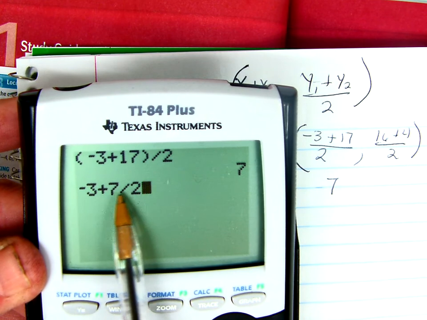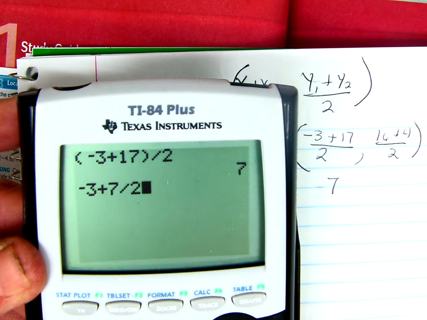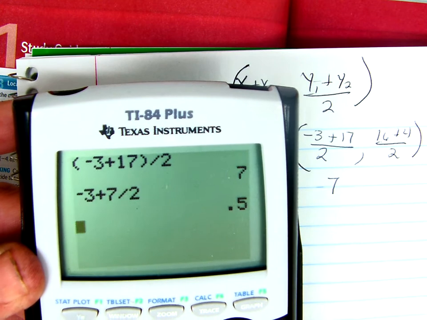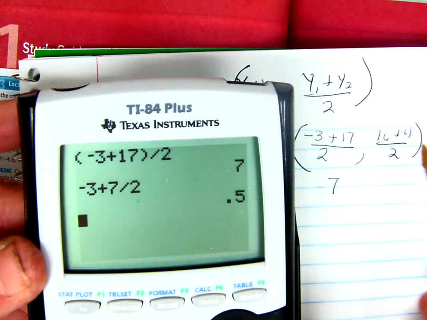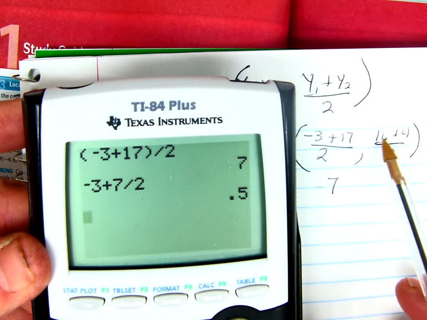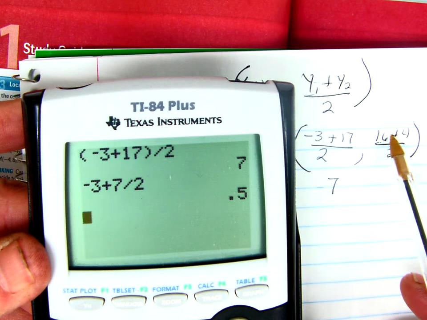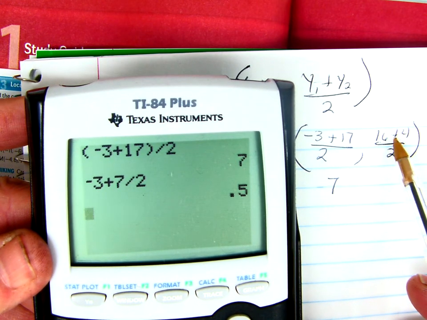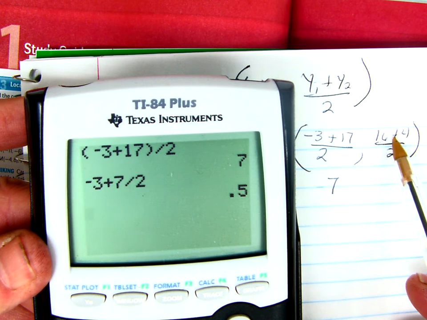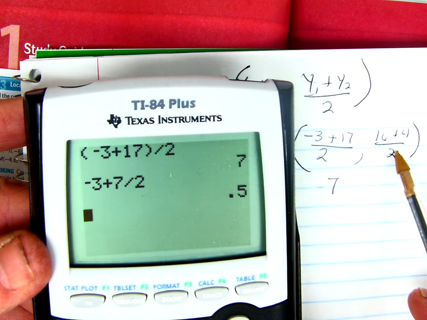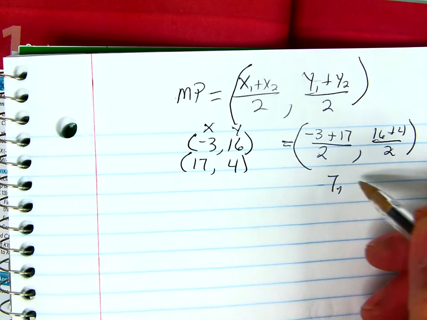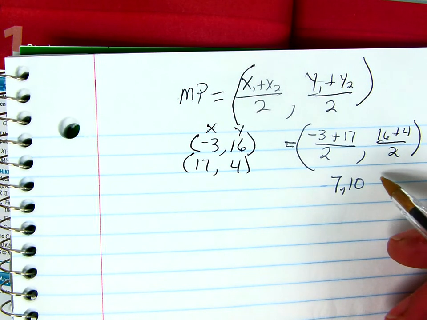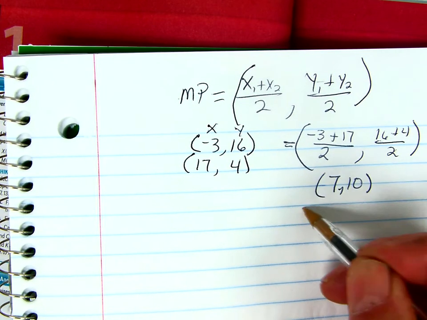It's going to do the division first and give you 0.5 as an answer. That's incorrect. Over here, this one's a little bit easier. 16 plus 4 is 20, and 20 divided by 2 is 10. Here's your answer.